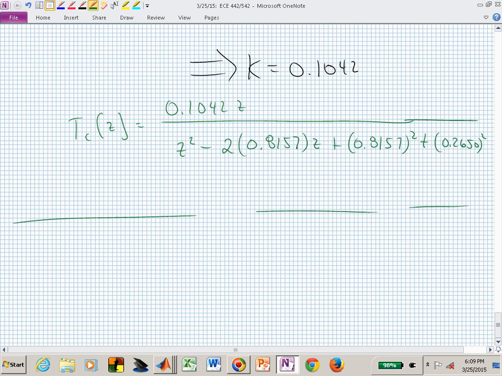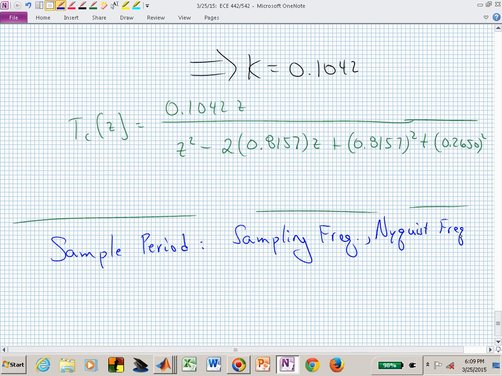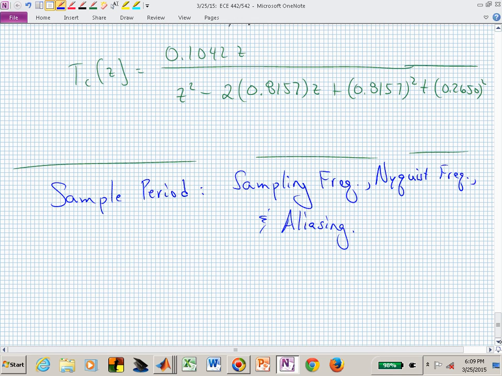So let's look at the sample period with respect to sampling frequency, Nyquist frequency, and aliasing.